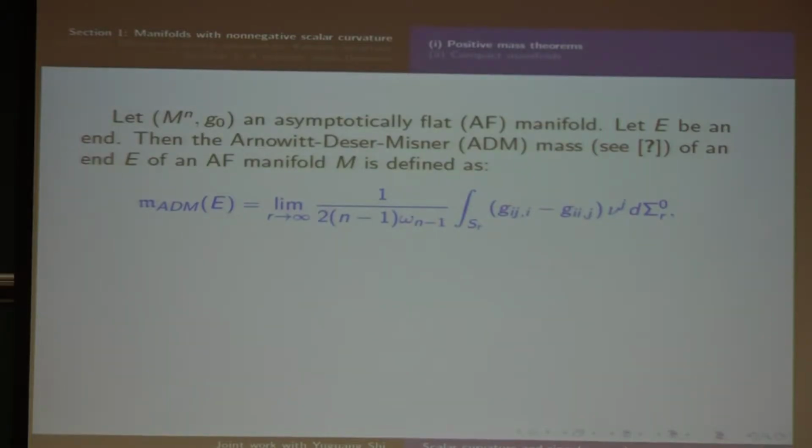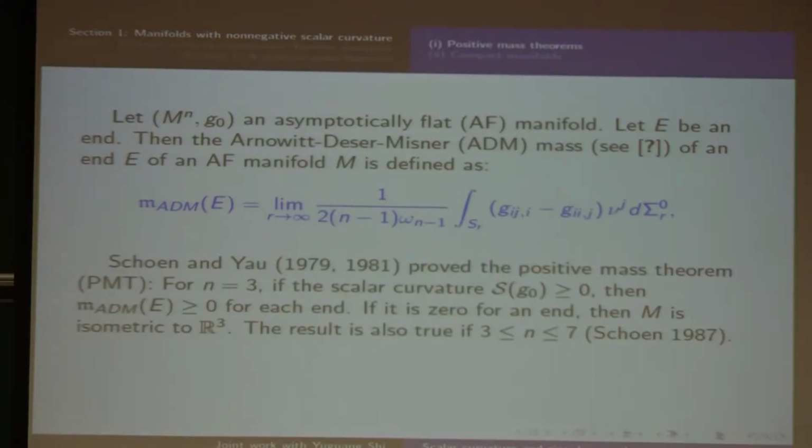So the mass is the norm of the energy together with the linear momentum as a vector in Minkowski space. That should be non-negative. So that is the so-called mass. Maybe we should just call it energy, but I still call it mass in this talk.